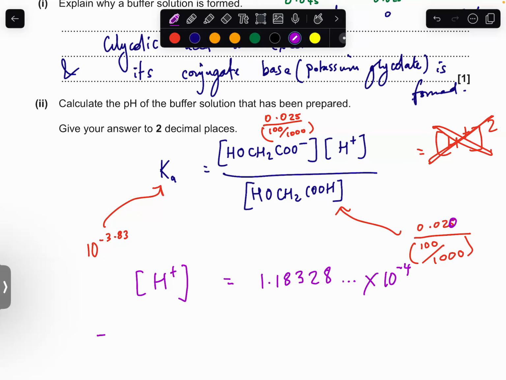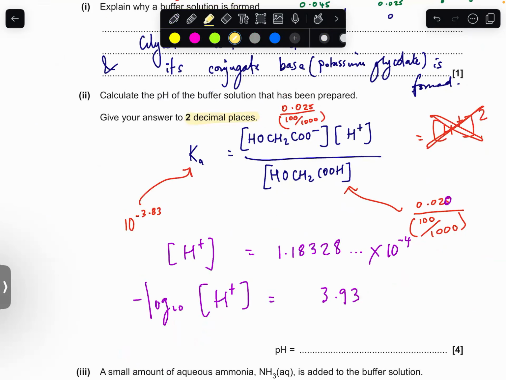And minus log to the base 10 of this value gives us 3.93. They want it to 2 decimal places, and the mark scheme supports that. Hope that makes sense.